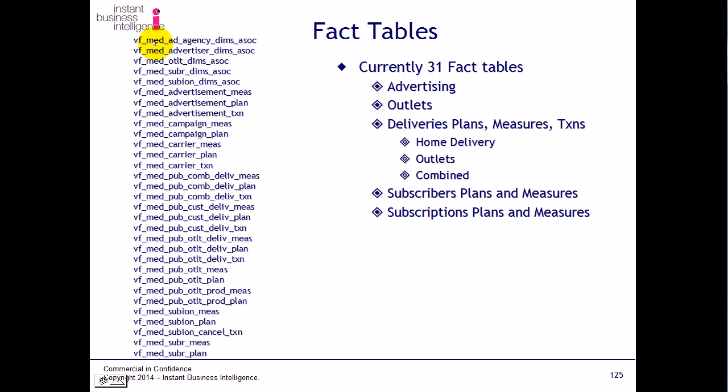So you've got the media ad agency dimensions association, so all the dimensions associated with the ad agency, the advertiser dimensions association, the outlet dimensions association, the subscriber dimensions associations, subscription dimension associations. Then you've got the advertisement measures that you want to measure, advertisement transactions, plans and measures.